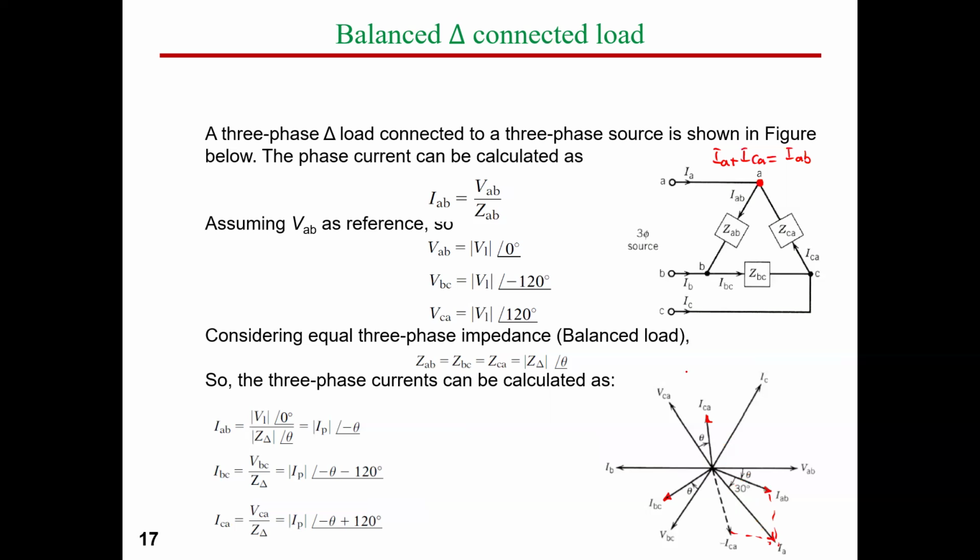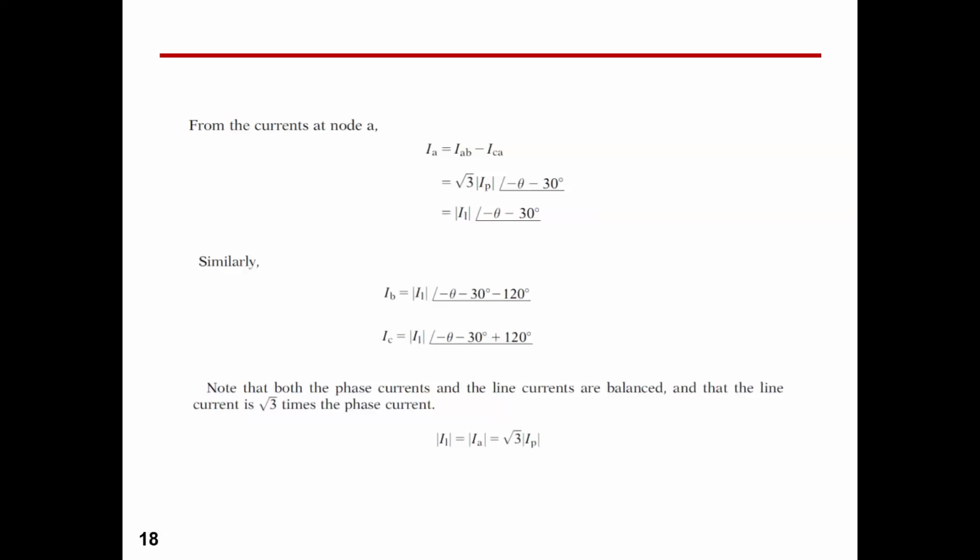So this is the relation in case of delta connection. So we can say by the end, I line equals √3 I phase. So this is in delta connection. And this is the part we just made on the phasor diagram.